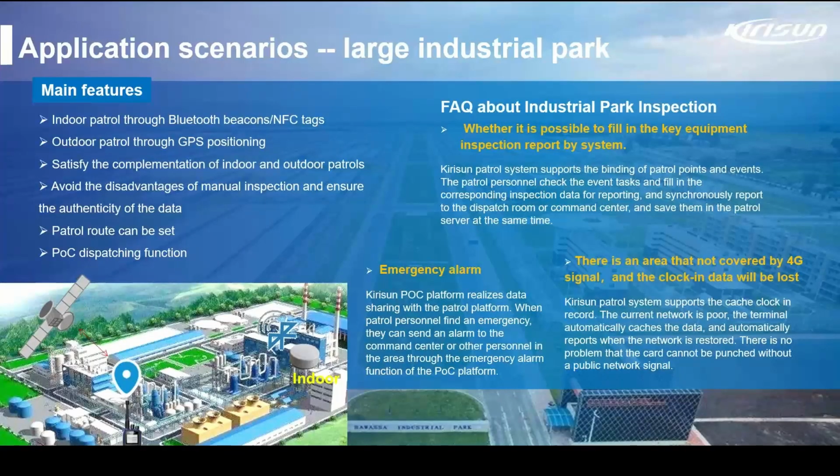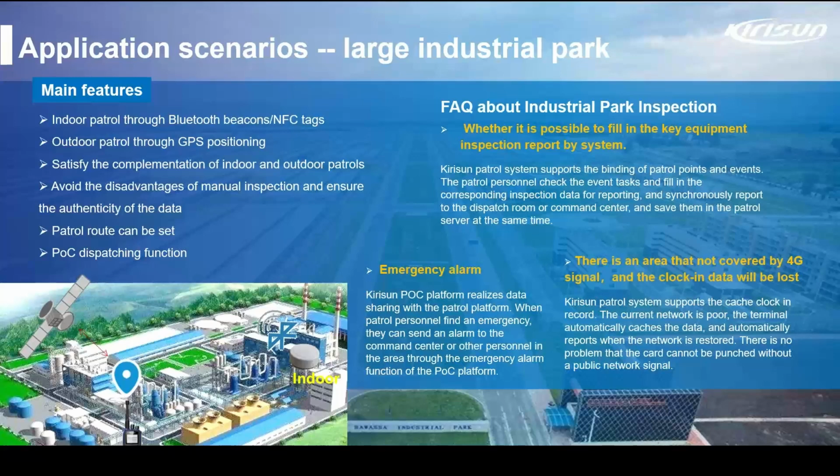This page shows a typical application scenario to explain how to use the patrol system to improve our working efficiency. This is a large industrial park. For indoor patrol, we can use the Bluetooth and NFC patrol modes. For outdoor patrol, we use GPS positioning.